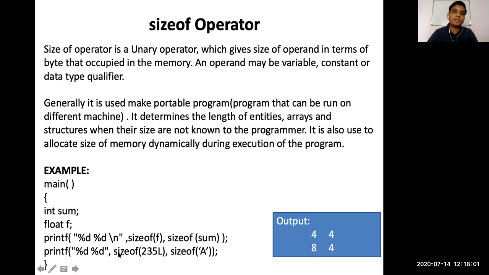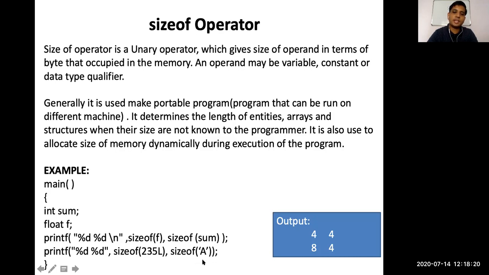Next one is sizeof 235L. L represents that it is a long double number, so it is a double data type. The double data type has a size of 8 bytes, so it will return 8. And what is the size of small a?